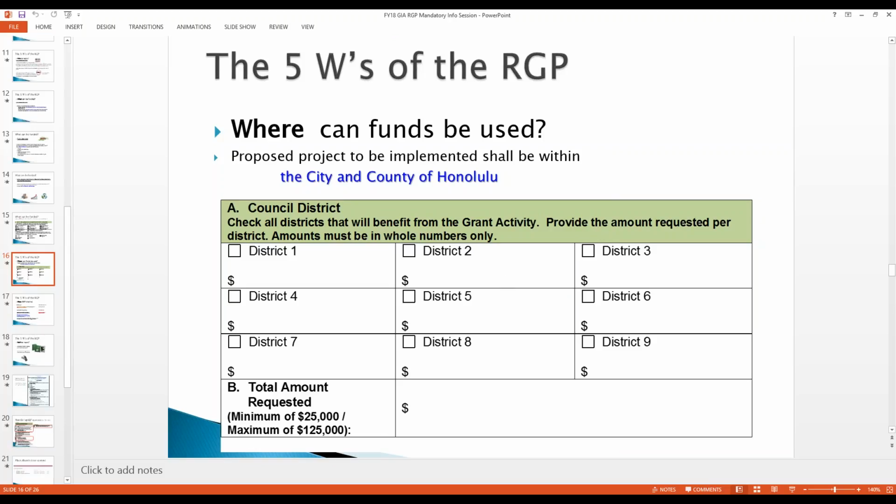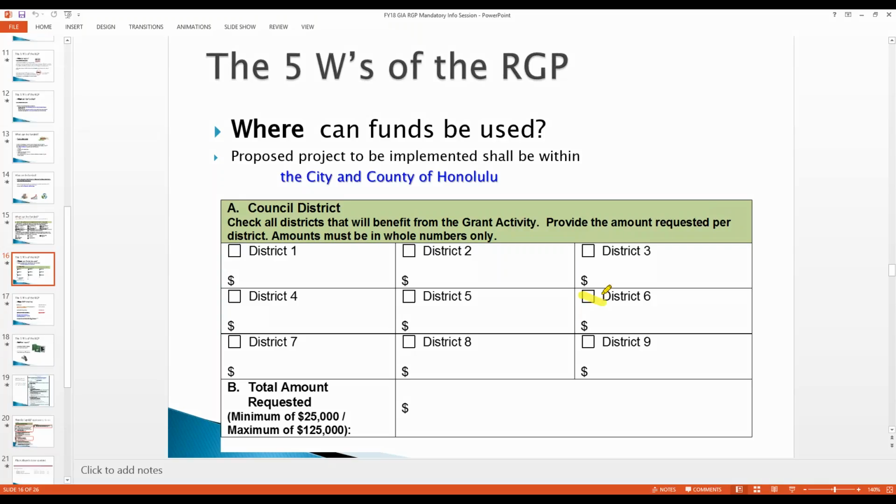So here, it should be section G, Council District, you tell us where on the island of Oahu you will be providing services. Our island is divided into 9 city council districts, and if you serve people in any particular district, you have to mark the boxes.